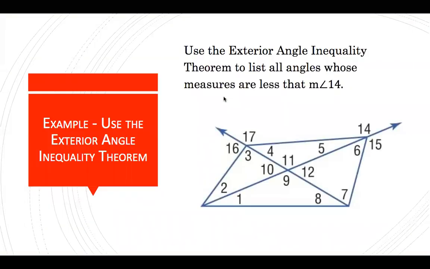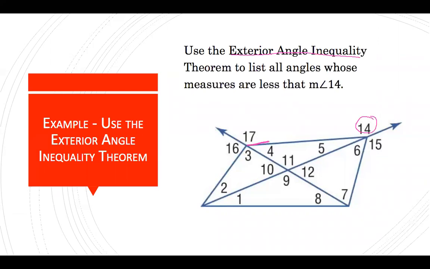So use the exterior angle inequality theorem to list all the angles whose measures are less than the measure of angle 14. So we have angle 14 up here in the corner, right here. So it tells us that we need to use the exterior angle inequality theorem. So we need to then establish what our triangles are, right? Okay, so let's go ahead and look at the first triangle.